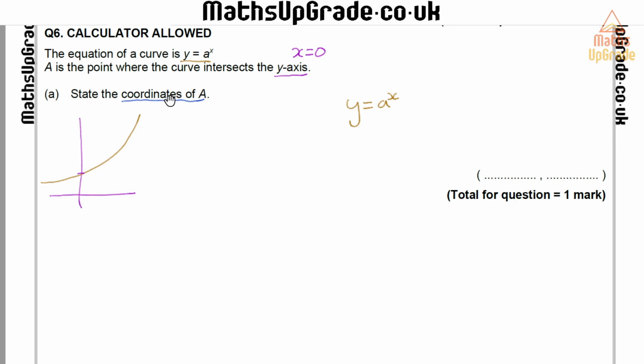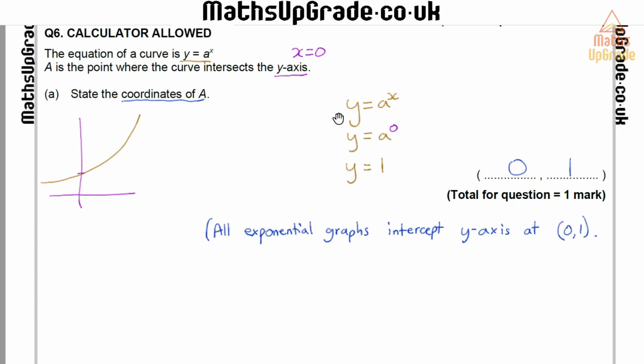So to find the coordinates of this point here where it intersects, I just need to put x equals 0 into this equation. So when I put it into that equation, I'll get a to the power of 0, and anything to the power of 0 is equal to 1.